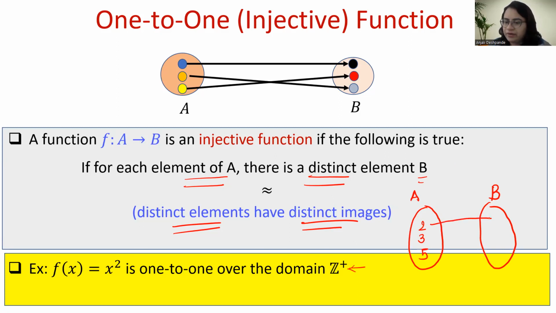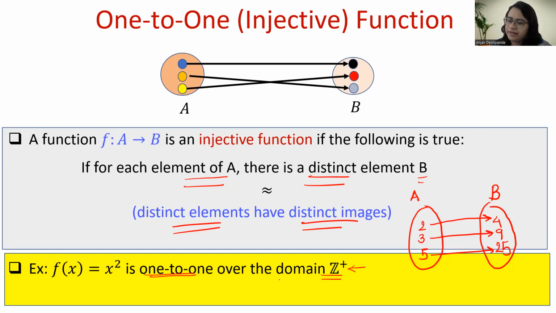So 2 will be related to 4, 3 will be related to 9, 5 will be related to 25, and so on. In this case, you take any positive integer in A, it will be mapped to a unique integer in B. Why? Because every positive integer has a unique square.